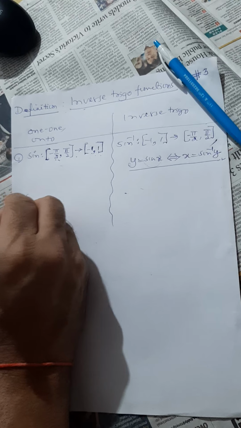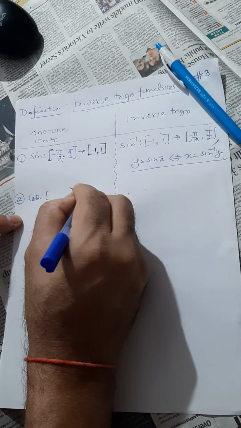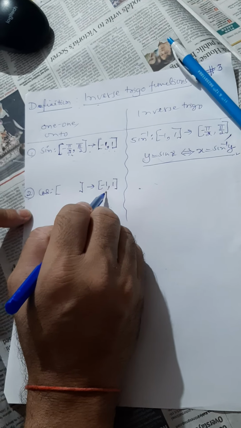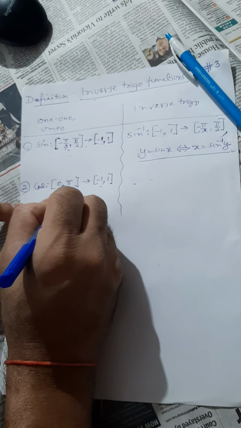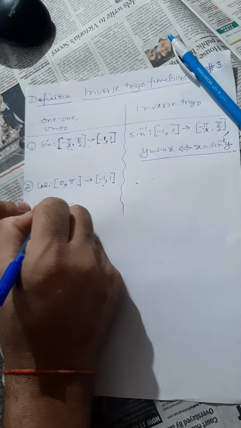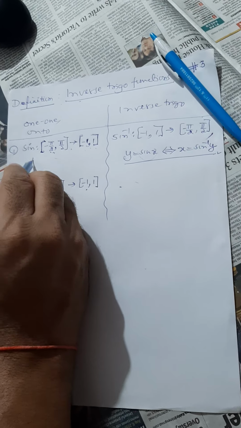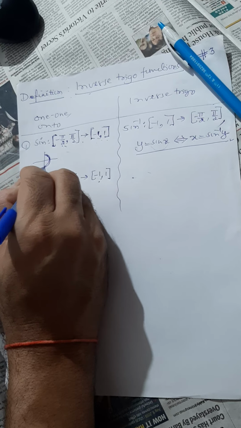Second function, cosine function. There again we change the domain and codomain. Codomain should be the same as the range. For these two functions, you know that this is the range, and the domain is chosen as 0 to pi, that is the first two quadrants. Here the domain is minus pi by 2 to pi by 2, first and fourth quadrant.